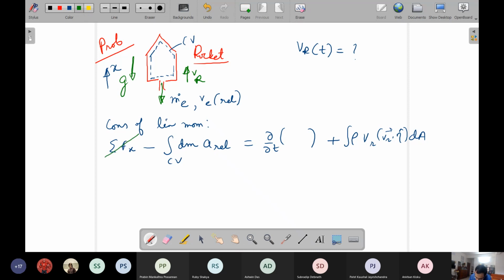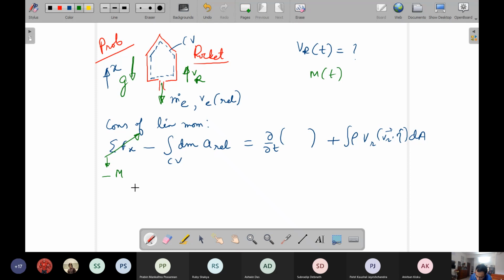Now, what is the force on the rocket? So that is the mass of the rocket, which is again a function of time. Why is the mass of the rocket a function of time? The fuel is there inside the rocket. It gets burned and progressively it comes out. So the mass is decreasing with time.